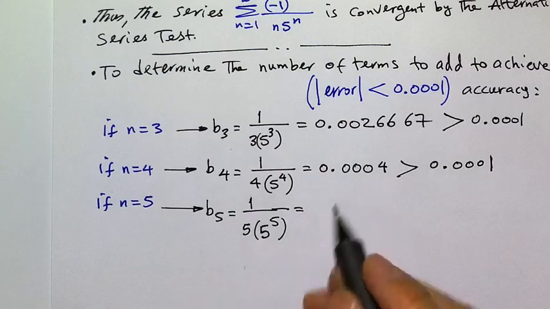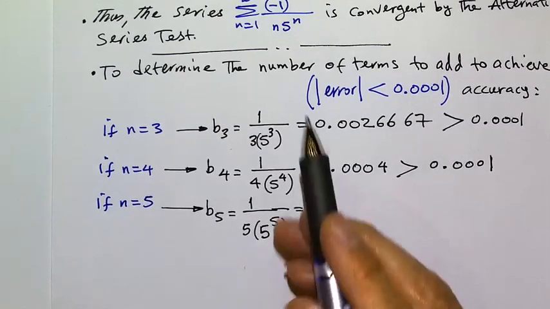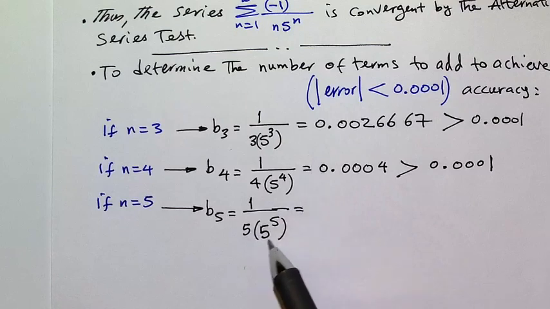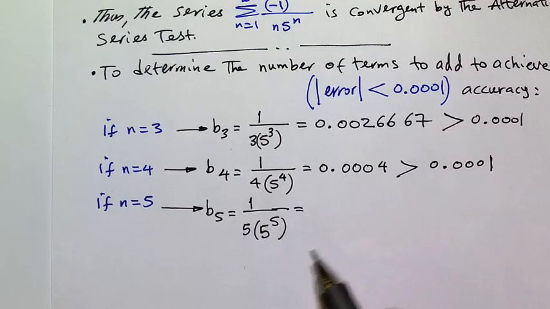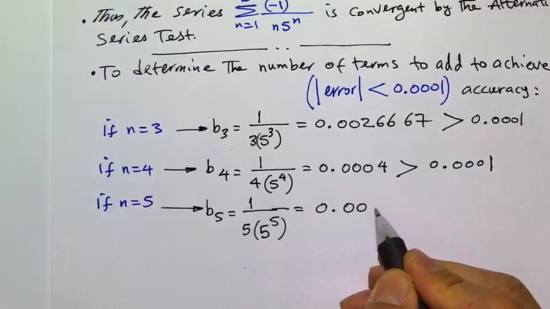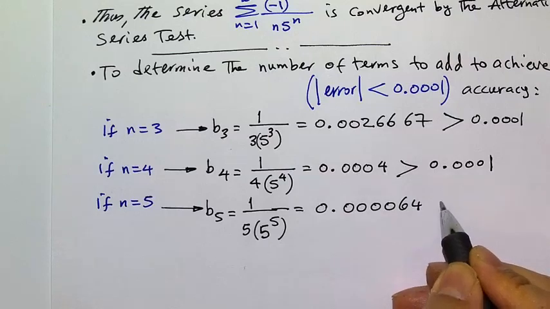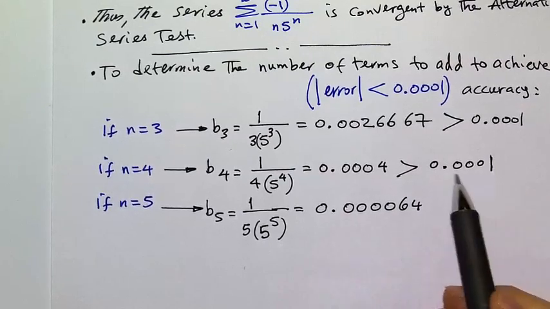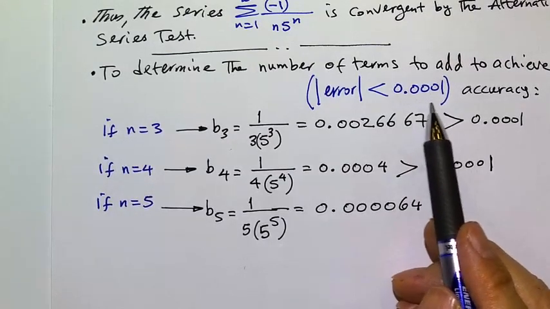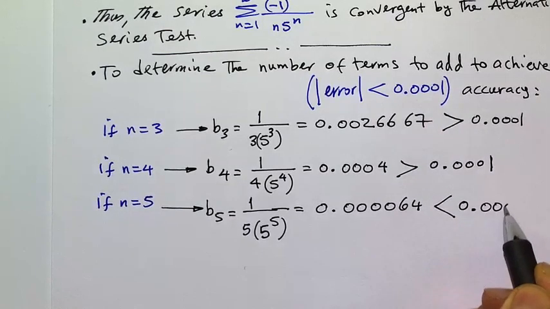Let's see, I'm just double checking to make sure. Yes, that should be okay. So this is the number I got, 0.000064. And notice this is much less than the error we were asked. So this is less than 0.0001.